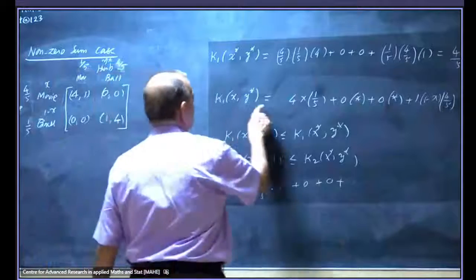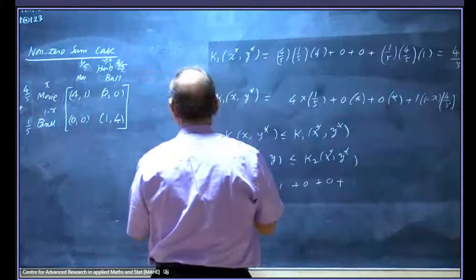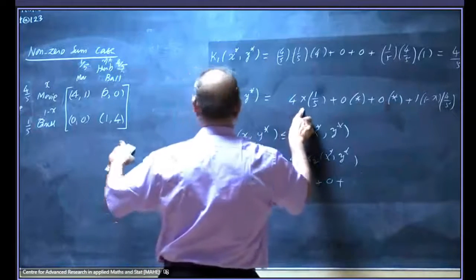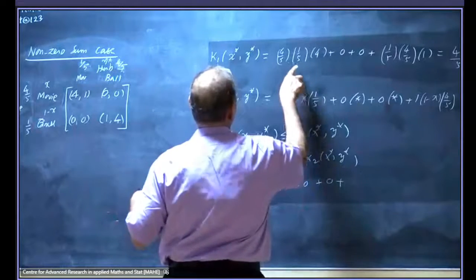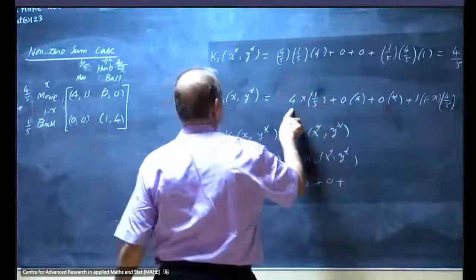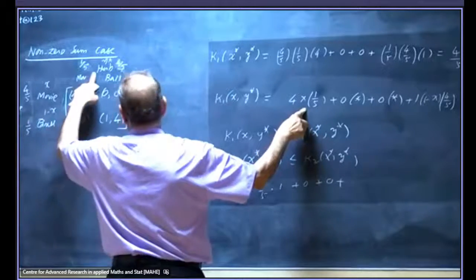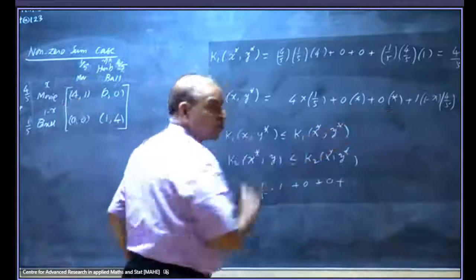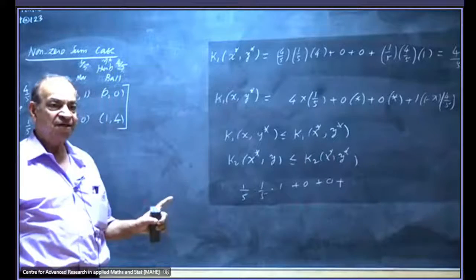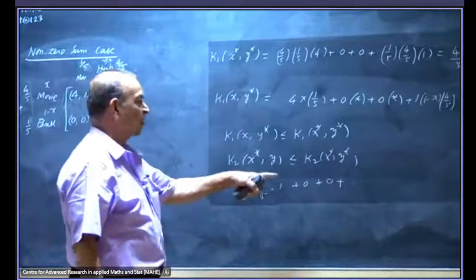K1 of x y star will also be 4 times general x, you are not substituting 4/5, 4 times x times 1/5, etc., which is also 4/5. Okay? The same way K2 can also be seen.